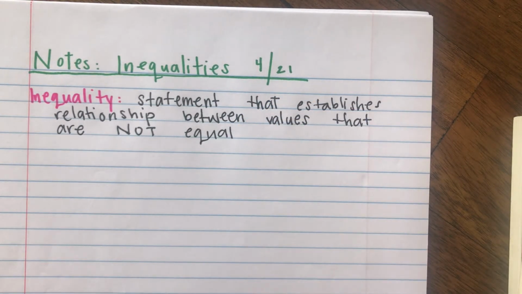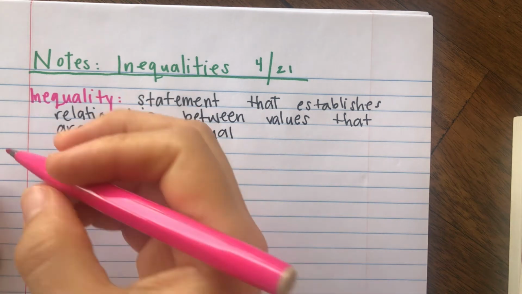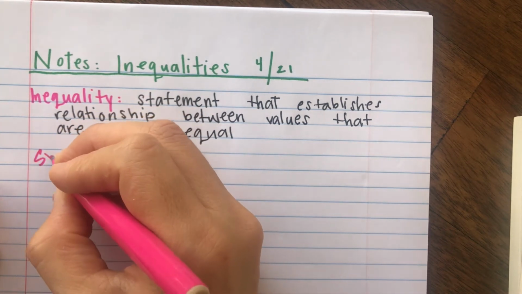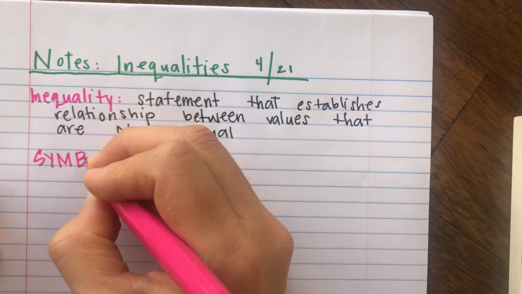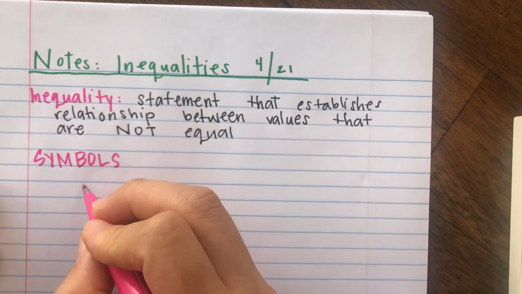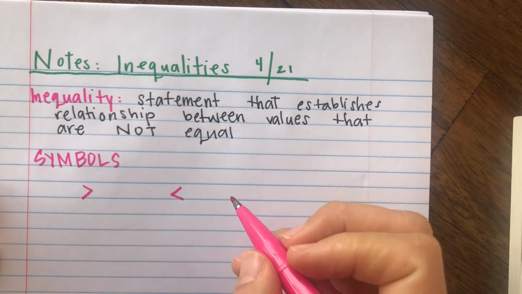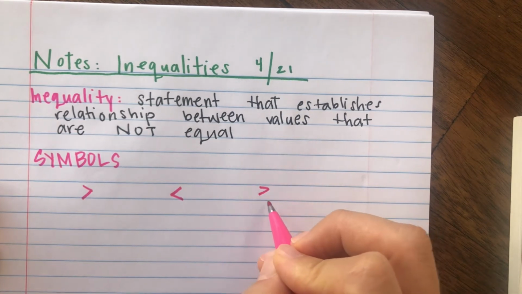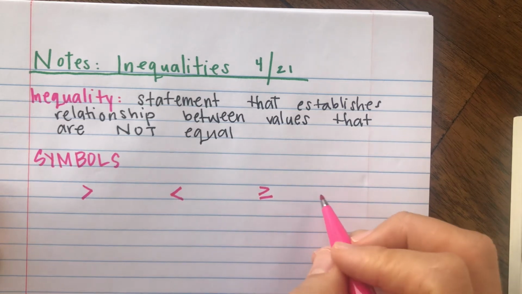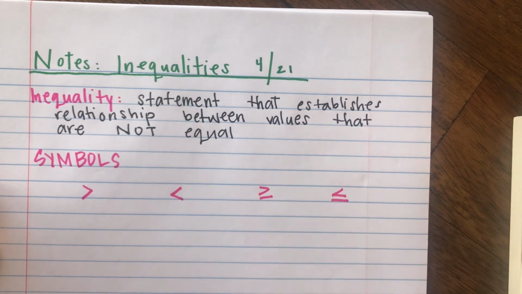Okay. So you guys should know these. You've seen these before, they're review. The symbols we're going to be using are greater than, less than, greater than or equal to, less than or equal to.